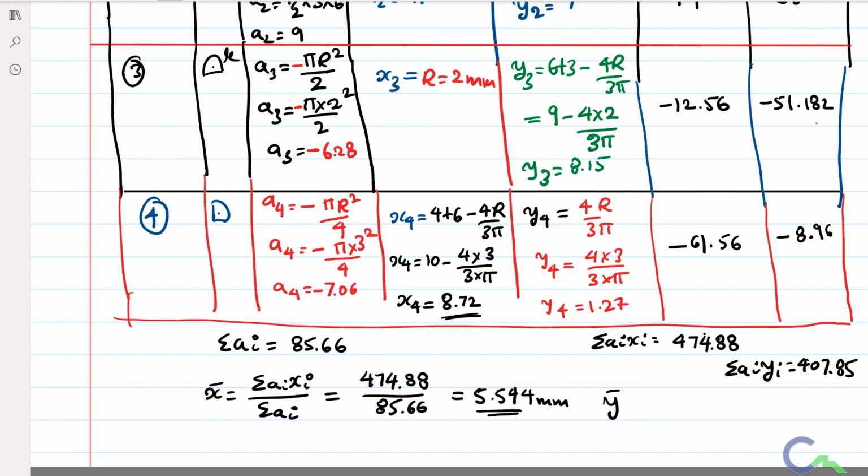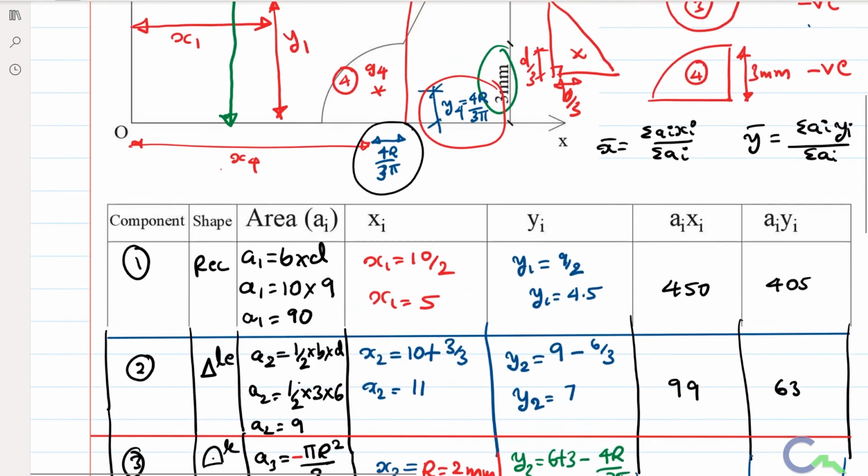Then we can calculate y bar, that is sigma Ai yi divided by sigma Ai. So 407.85 divided by 85.66, so we'll get 4.76 mm.